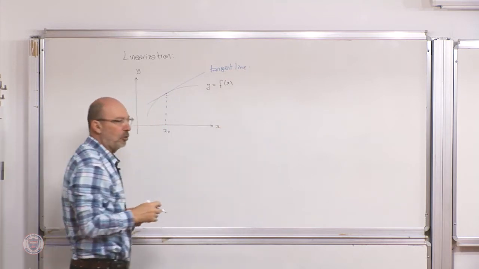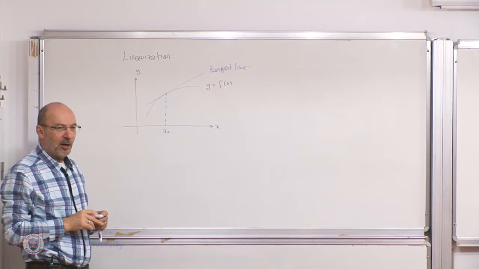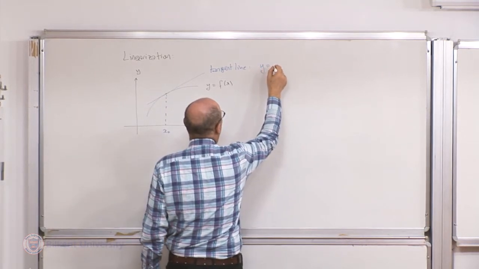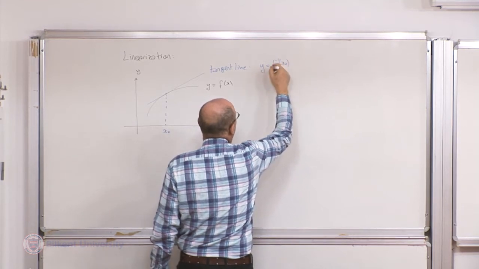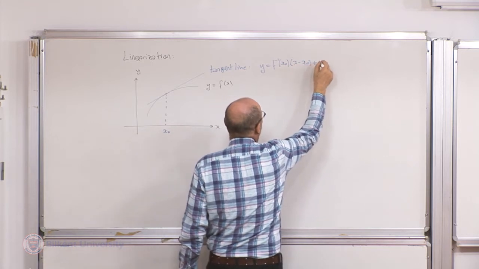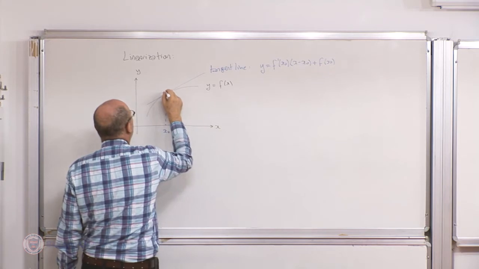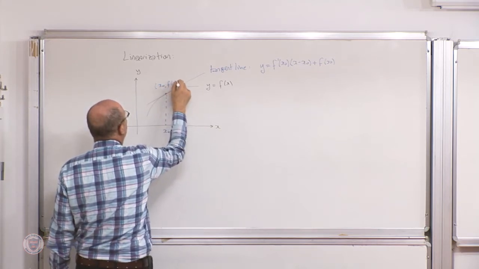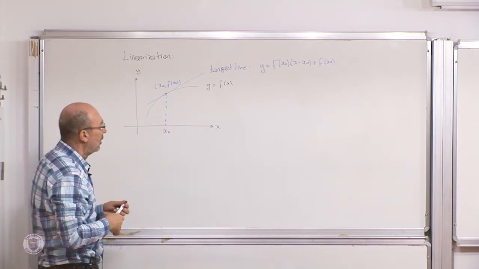Okay, so you should all know the equation of the tangent line by heart. Okay, so y equals the slope, which is the derivative of the function at that point, times x minus x sub 0, plus the coordinates of this point, x sub 0, f of x sub 0. Okay, so that's the equation of the tangent line.